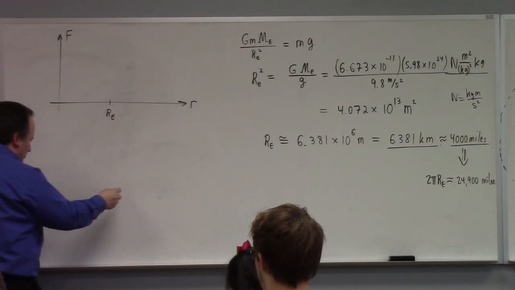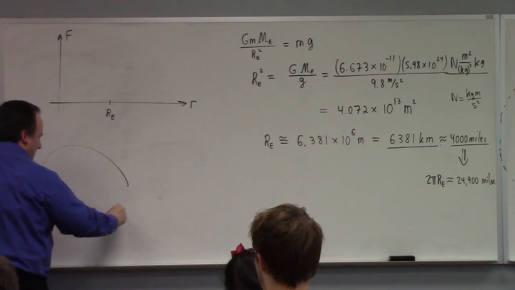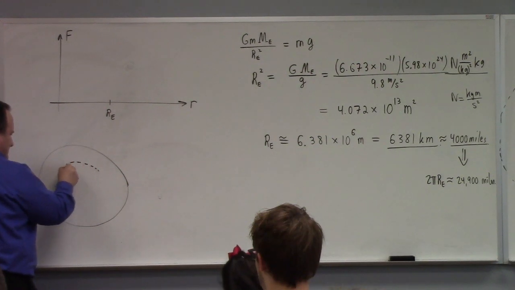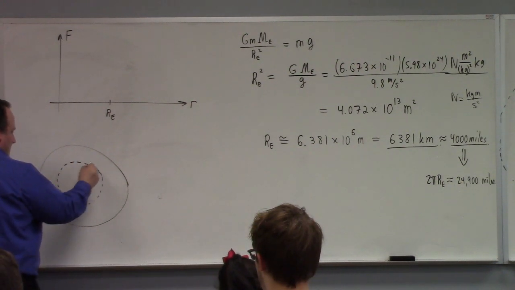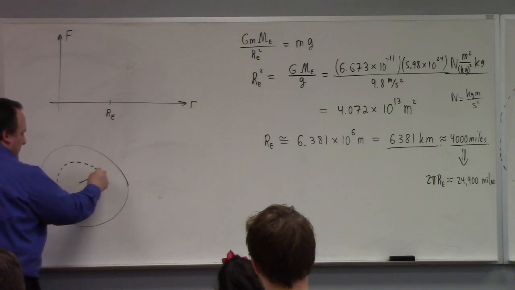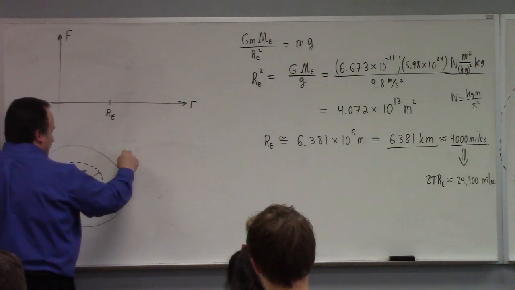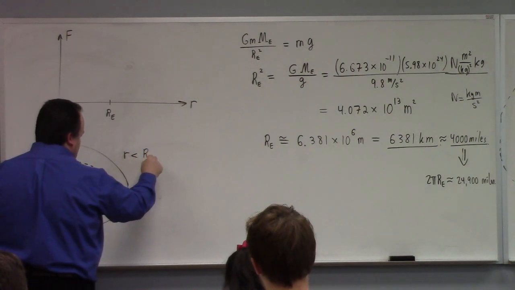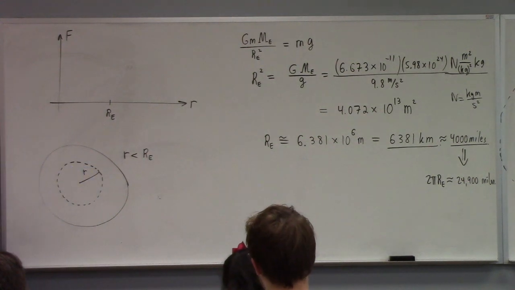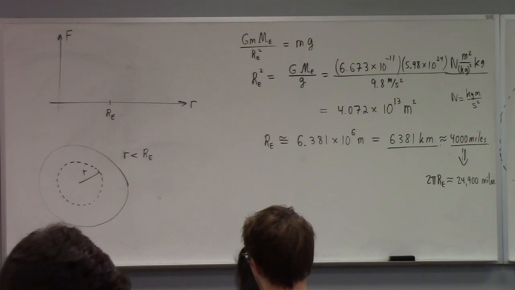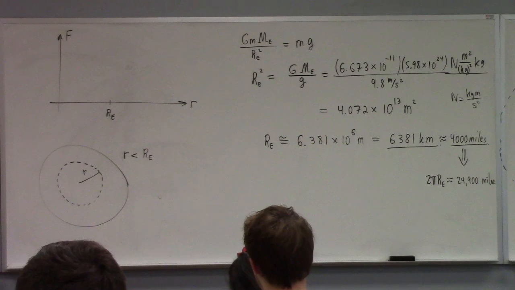Goodness gracious, if you can imagine you're here at radius, let's say r, and r is less than the radius of the Earth, right? Then only the mass inside that radius is pulling you towards the center.